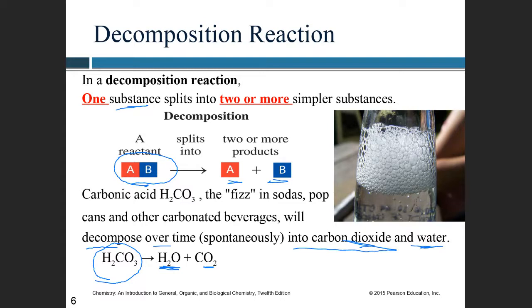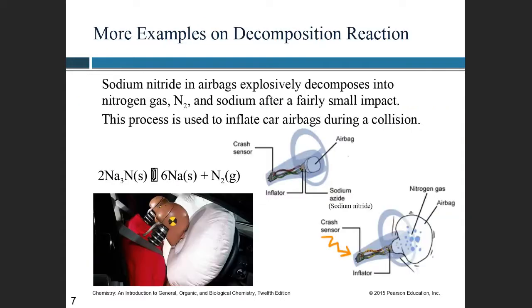Another example: the sodium nitrite in airbags decomposes into nitrogen gas and solid sodium after a fairly small impact, and this process is used to inflate car airbags during a collision.